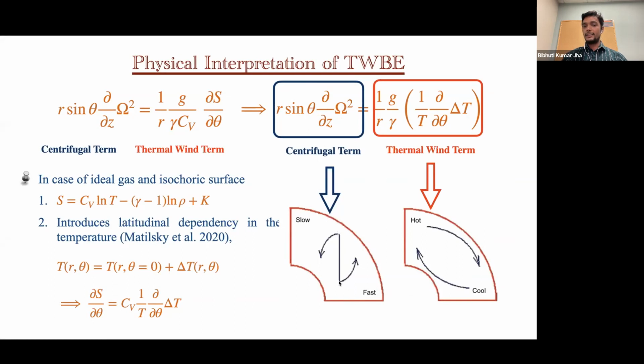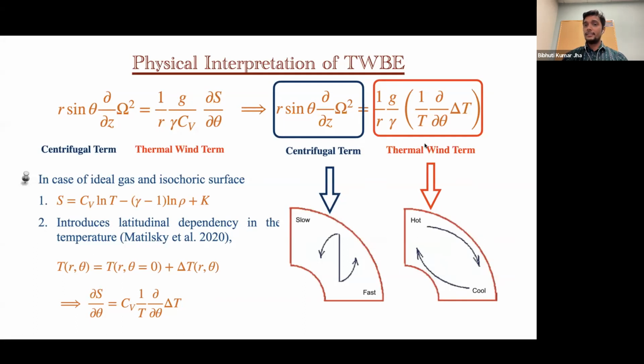So the centrifugal force at this point will be higher than at this one. Now if you subtract some mean value that is calculated along this line, you will get the resultant force in these two directions, and it will try to move the plasma from the equator to the pole. And that is actually the observed direction of meridional circulation.